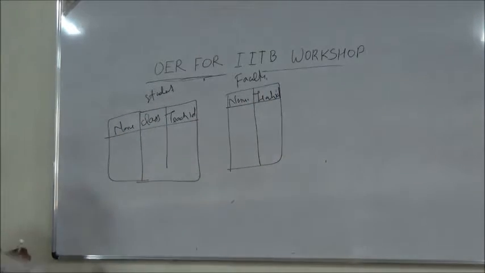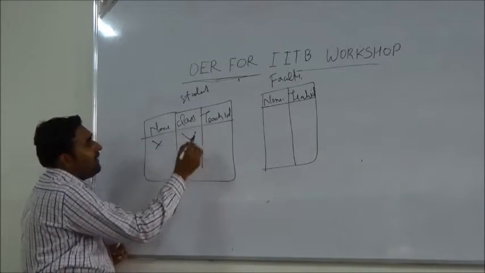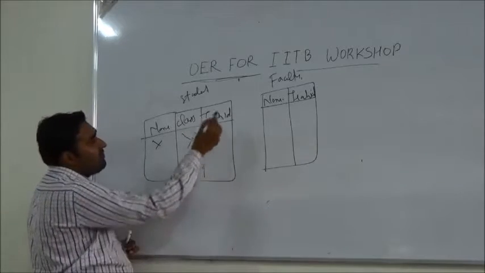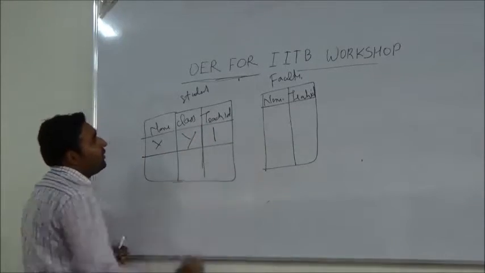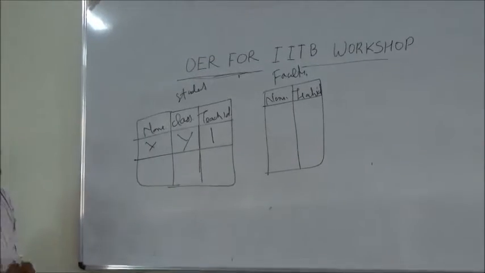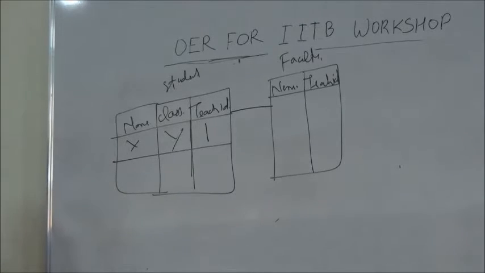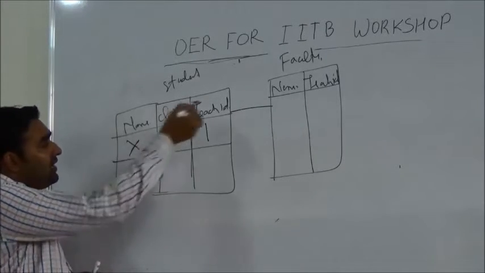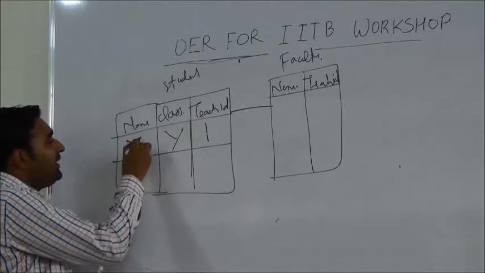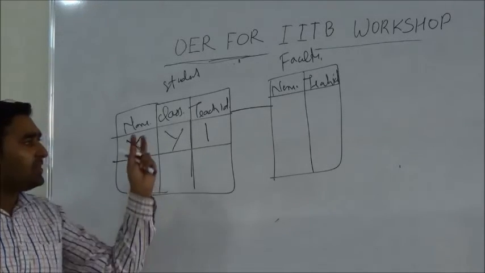It means that suppose student X is studying in class Y and has a teacher ID of 1. If we want to relate both relations, we can make a relation between these tables with the help of which we can identify the name of the teacher who will teach student X. Now, how can we make the relation? With the help of constraints, we can specify this.